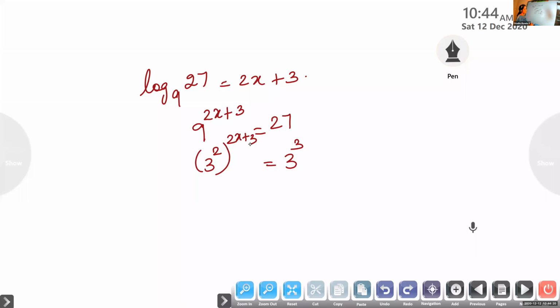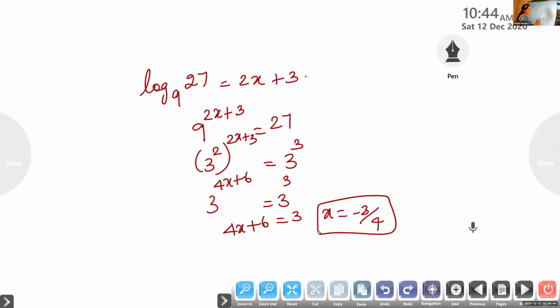Power to power means multiply the powers. So 3 raised to 4x plus 6 is equal to 3 cube. So when you equate it, 4x plus 6 is equal to 3. From here, the value of x is minus 3 by 4.